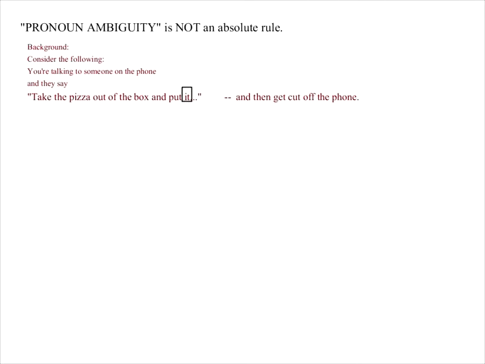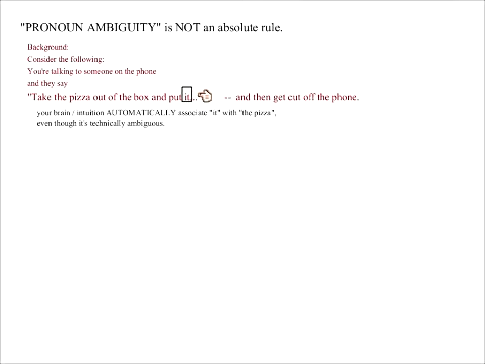In other words, your brain and intuition automatically associate it with the pizza, even though we have a perfectly respectable other antecedent, even though it's technically ambiguous.